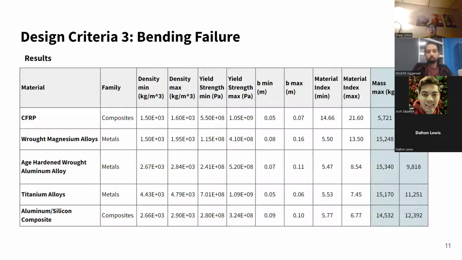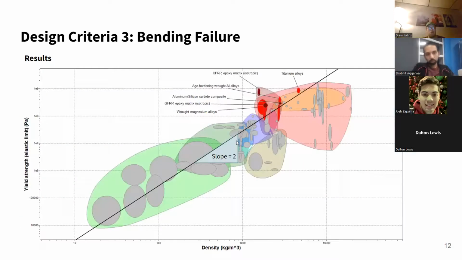Evaluating this over our materials, we once again see CFRP and the wrought magnesium alloys are the best performers, and evaluate the thickness of the blade, the material index, and the mass under this condition alone. Again, plotting, we can see how these materials perform with respect to each other, again with CFRP being the furthest away from the line, and our line now having slope of 2 with sigma yield to the 1/2 power.